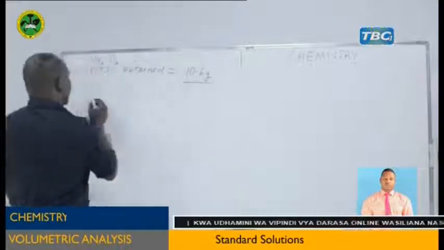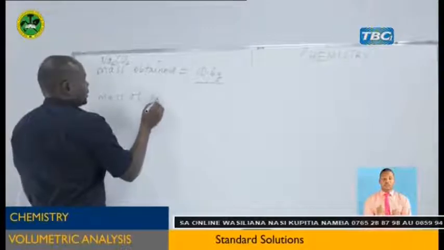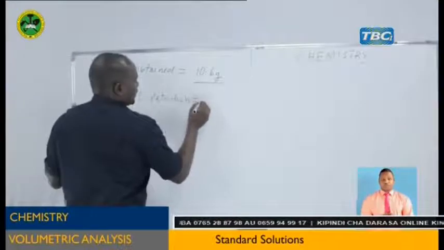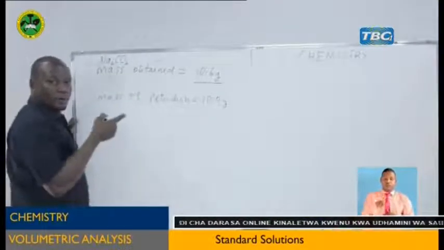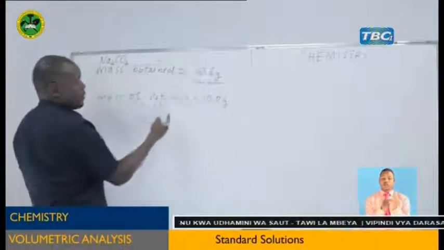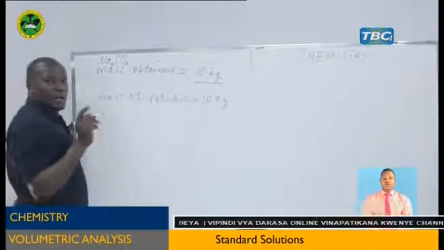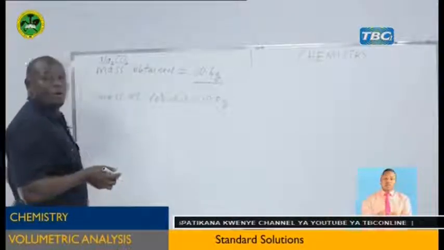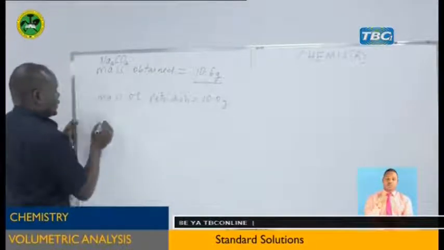Let's say that after measuring, the mass of the petri dish is 10.0 gram. When measuring the 10.6 gram of our primary standard using the petri dish, the device you'll be using can be an electronic balance, a chemical balance, or a beam balance.